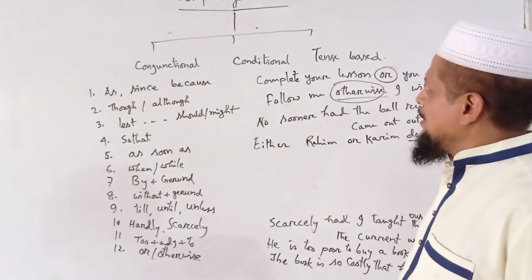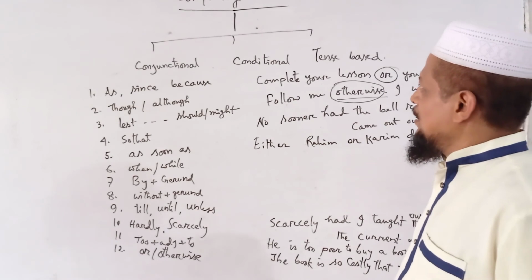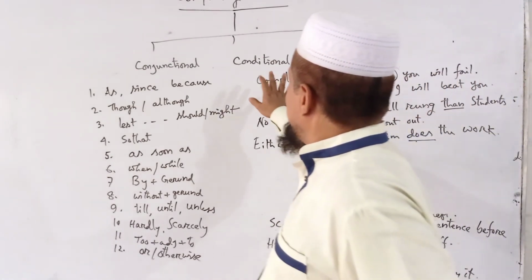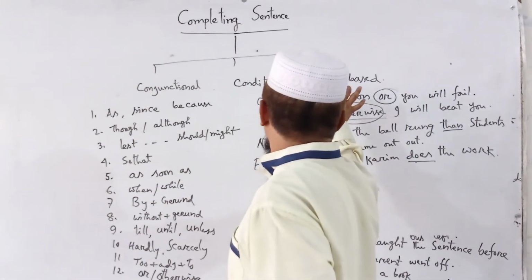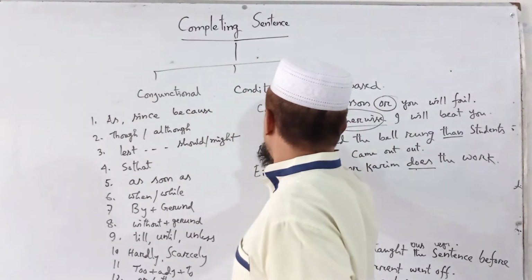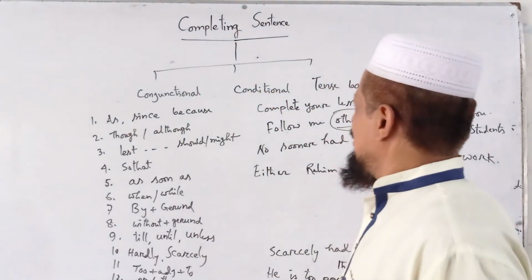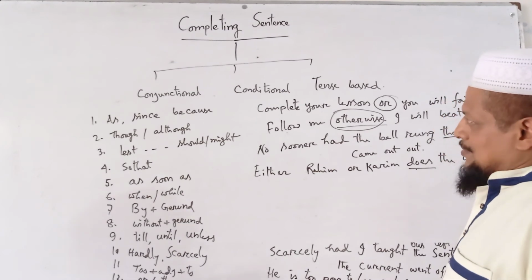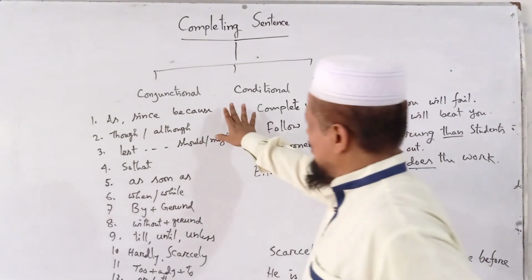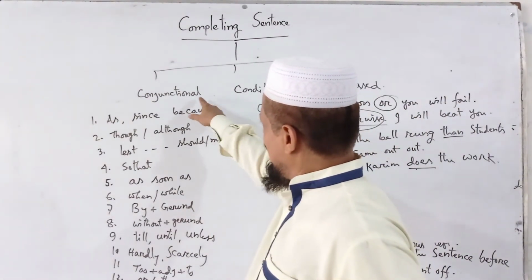Then I classified completing sentences into three kinds: conjunctional, conditional, and tense based. Today I wanted to talk about conjunctions.